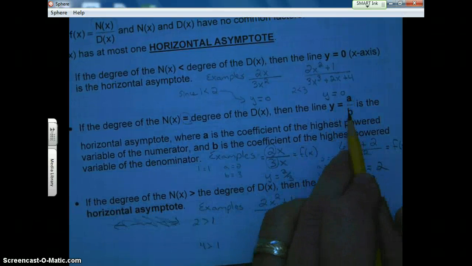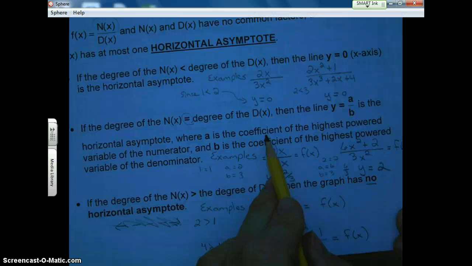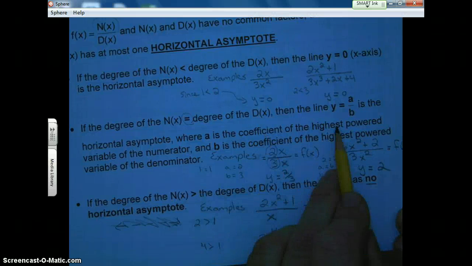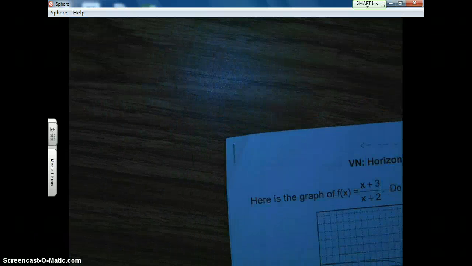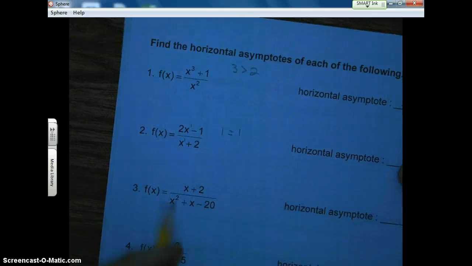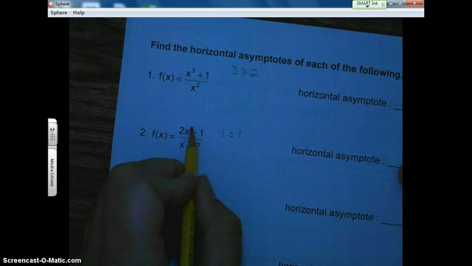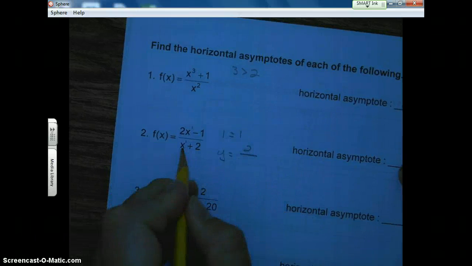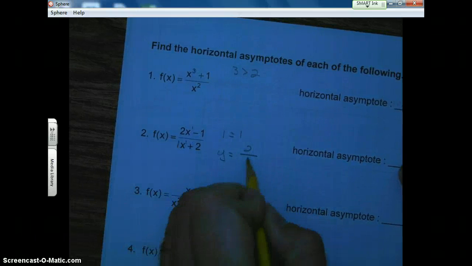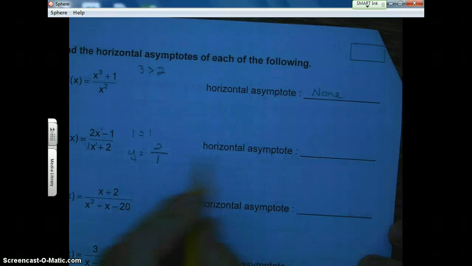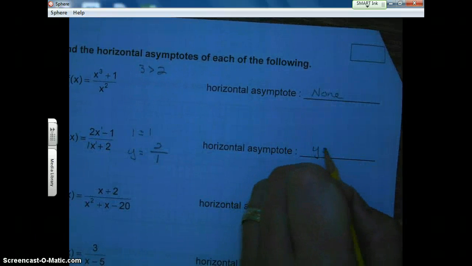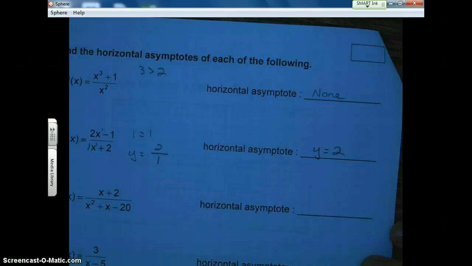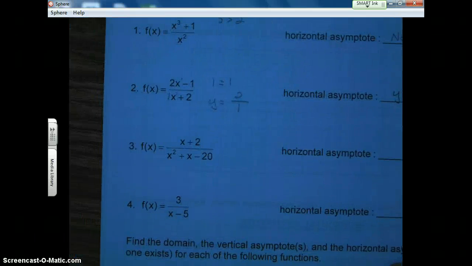A over B, that's the coefficient of the highest over the coefficient. So I need the coefficients. The coefficient on this one is a 2. The coefficient on this one is a 1. So my horizontal asymptote is y equals 2. This is easy. I think I'm getting this.